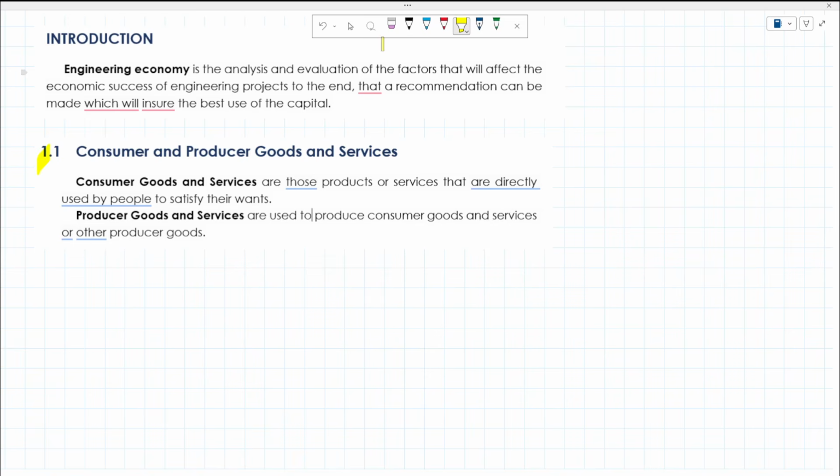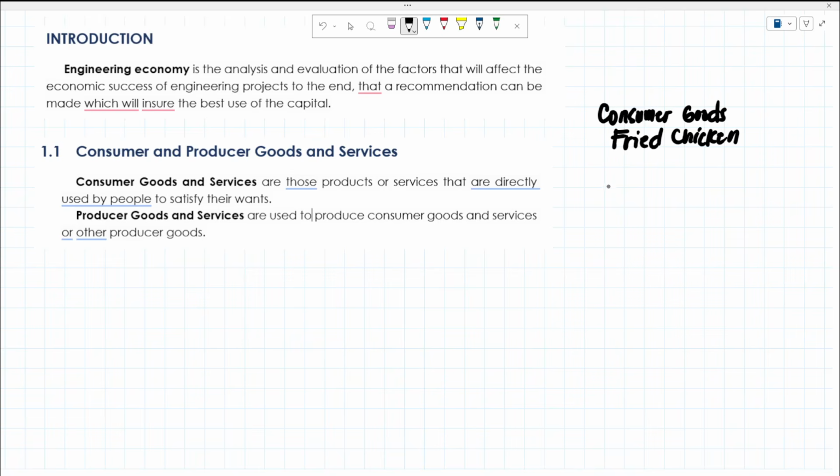If magbibigay tayo ng example per se, consumer goods ang pag-uusapan. Let's say fried chicken. Fried chicken is a consumer goods because this is directly consumed by people to satisfy their wants.